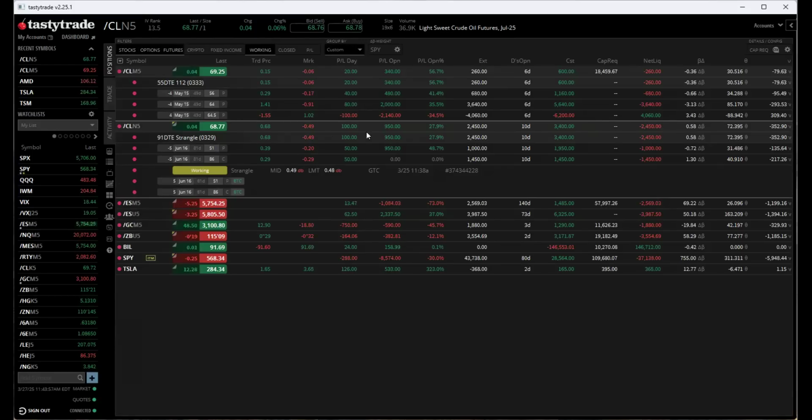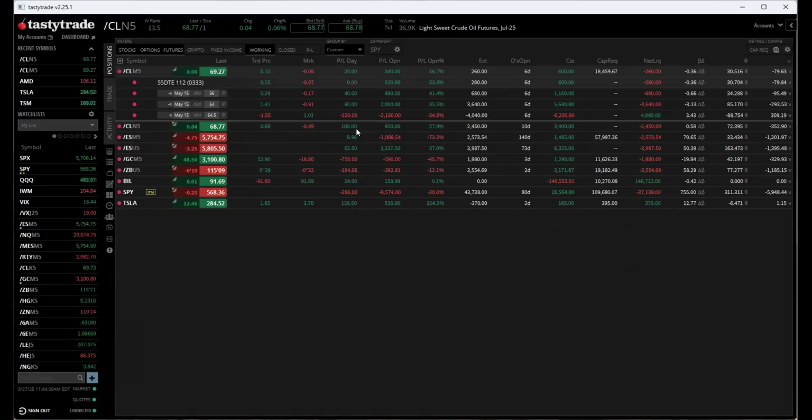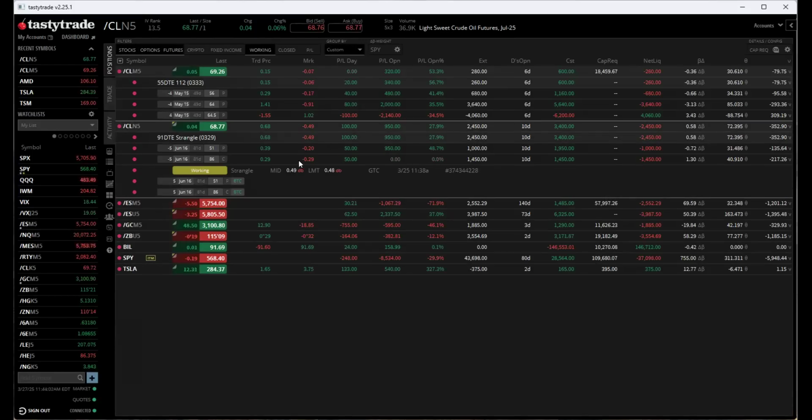We've got a strangle on. This thing's up great, 27, 28% now in 10 days. We talked about actually taking this off the other day, and oil kind of pulled back on us here. We're back to this 28% in 10 days.